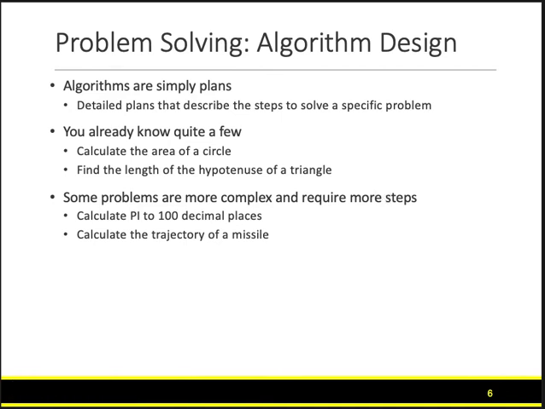So this is a very basic example. Some problems are more complex: the trajectory of a missile, for instance, shuttle launch sequences, designing any kind of input-output program, a word processor. These, you can imagine, are huge programs that take a series of steps, right? A sequence of a lot of steps.